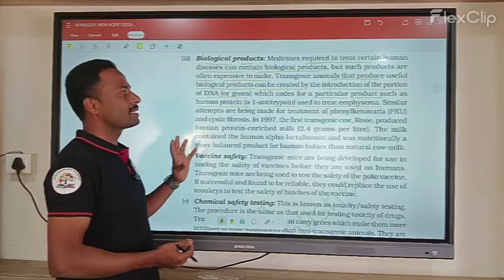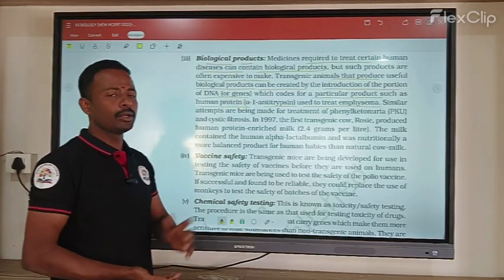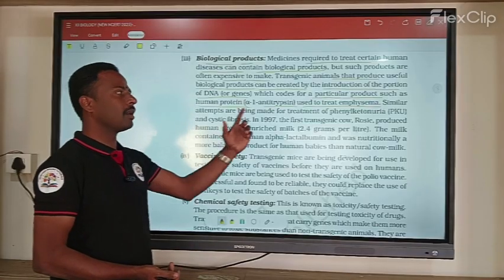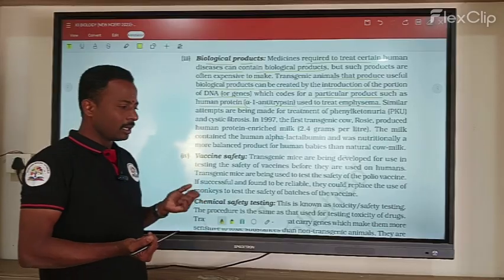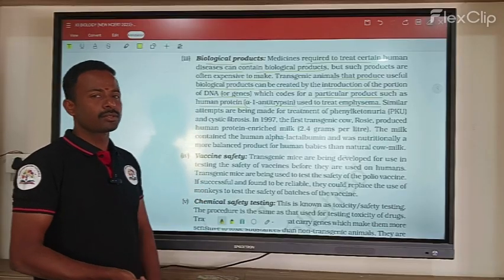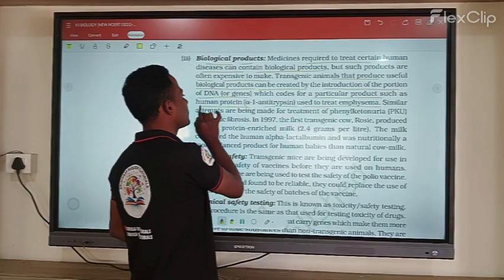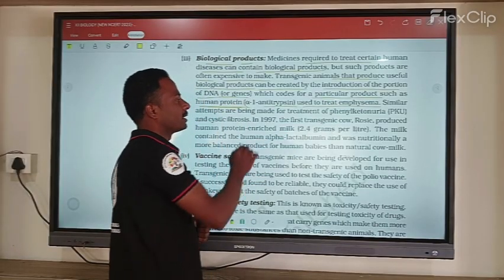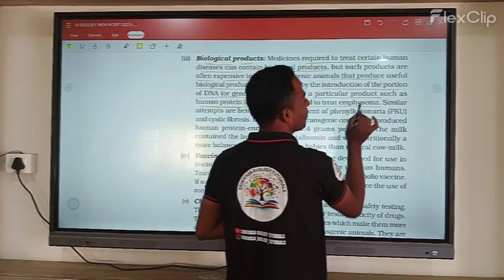Mostly, when genes are introduced into a human or any organism, it increases immunity or antibiotic resistance in the body. For example, the human product alpha-1 antitrypsin is used to treat emphysema.